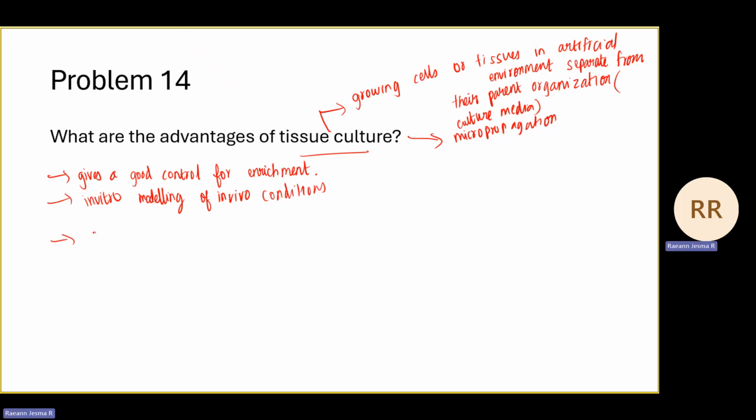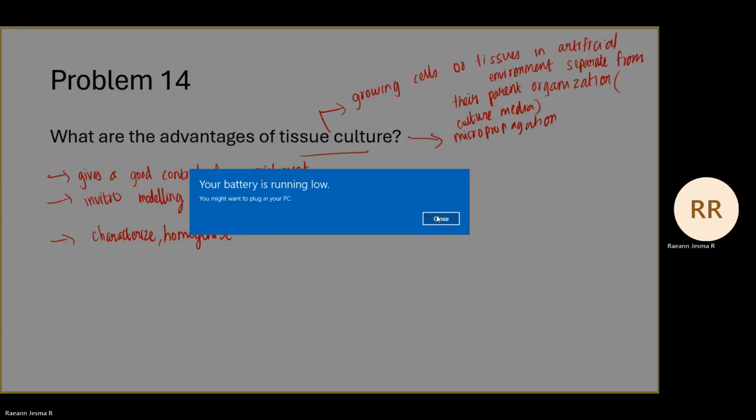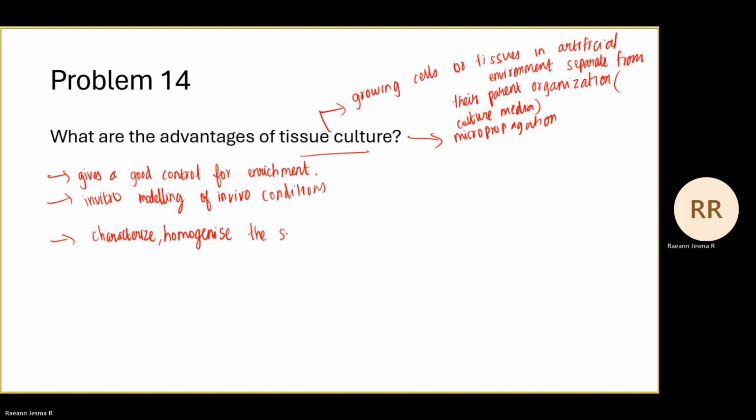Then another advantage is that you can characterize and homogenize the sample. Then you can grow the plants, or you can grow the tissue, on a large scale, which will lead to reduced cost for growth.